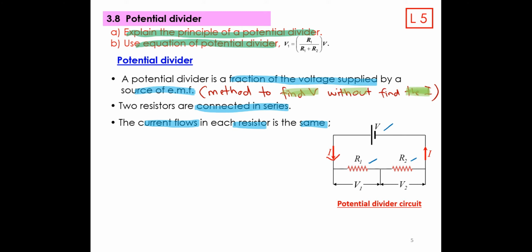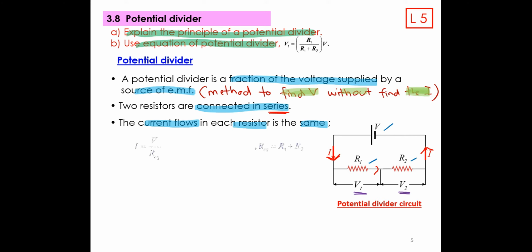This is your current flow, circling anti-clockwise because of the arrangement of your battery. So this is your V1, V across resistor 1, and this is V2, V across resistor 2. Now we can see that your resistors are connected in series, so you can use the potential divider.